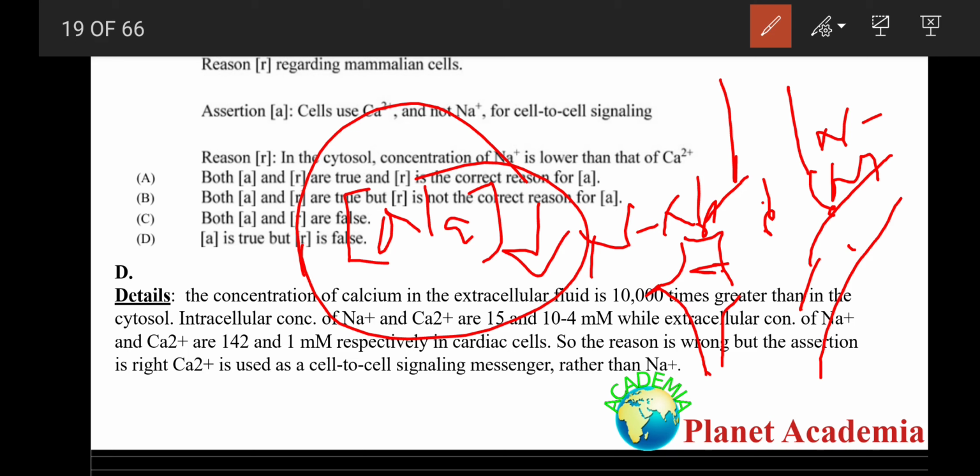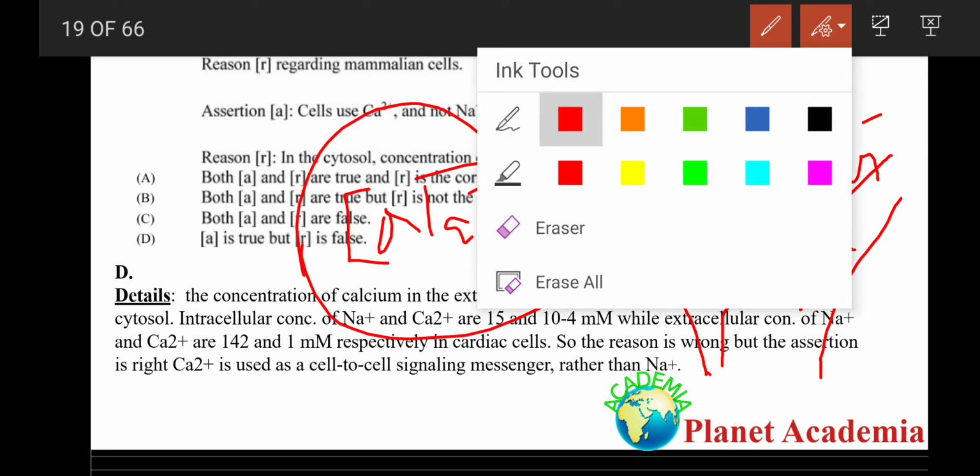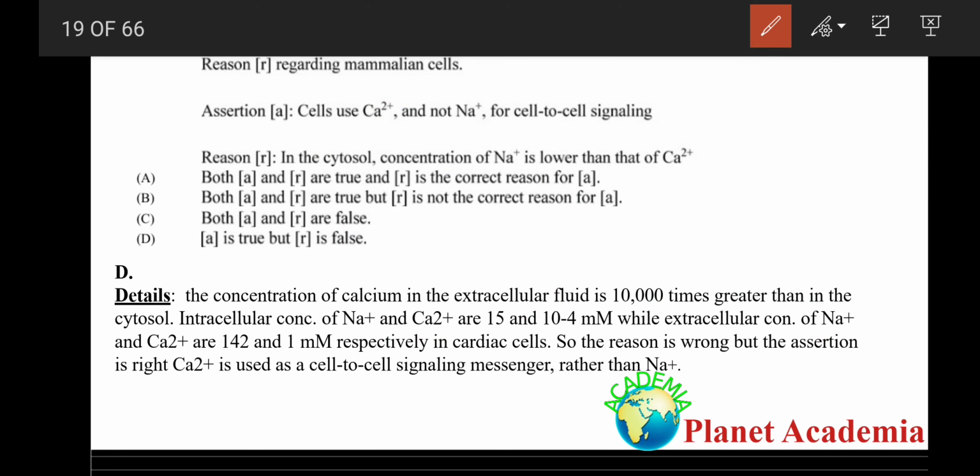Actually, inside the cell, calcium is stored in the endoplasmic reticulum. This is not necessarily true, because when it is stored in another organelle, the concentration in the cytosol is lower. So it is not true.